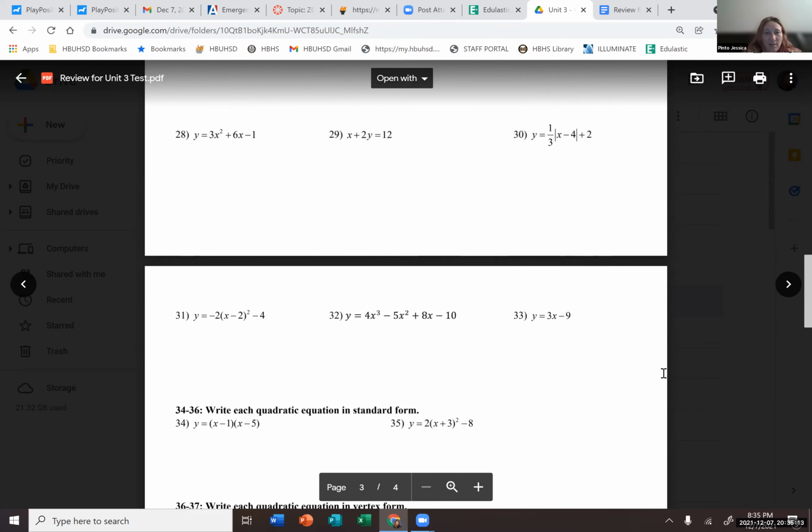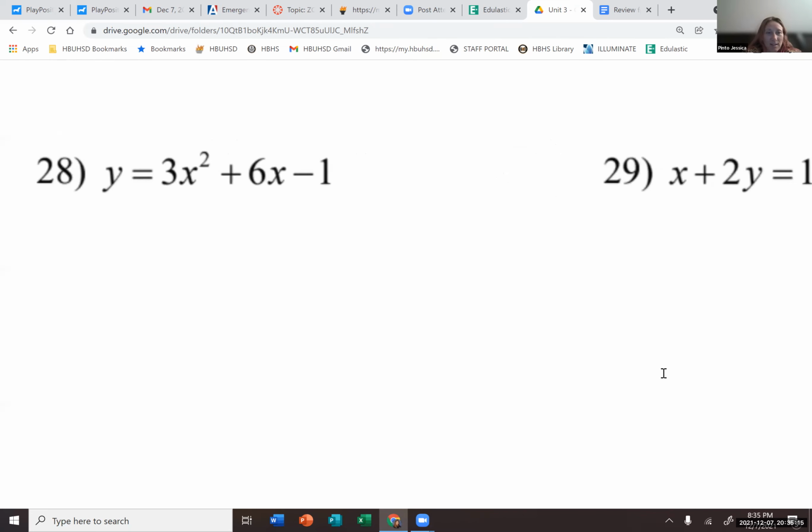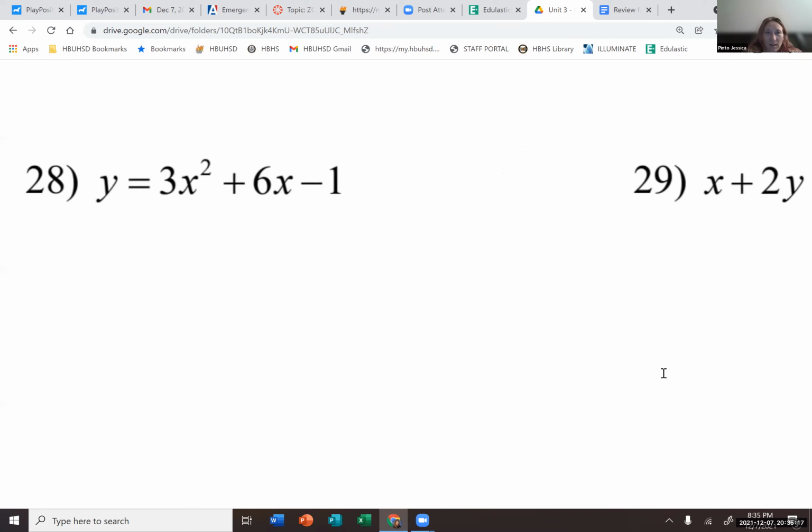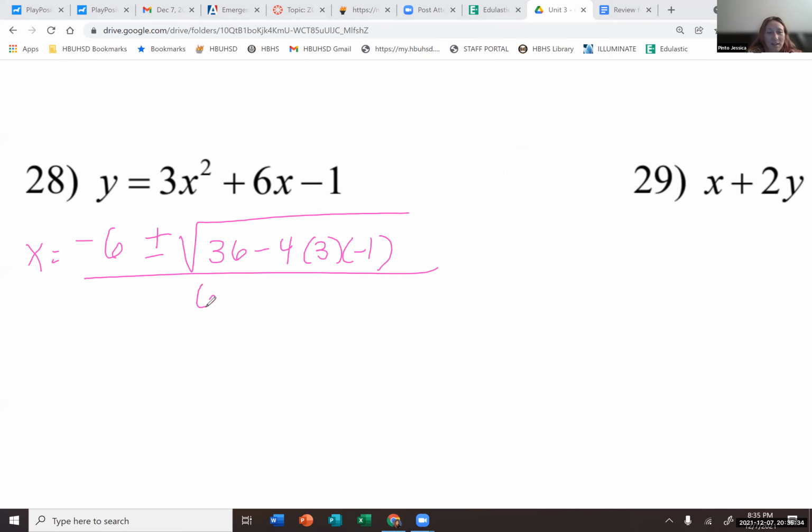I was on this problem 28. So cool. Looking at my annotations, that was -6, x is equal to, plus or minus the square root of 36 minus 4 times 3 times -1. Aha, yes, and then it was 6 here. Okay, so that was -6 plus or minus, this became the square root of 48, which was 16 times 3, which is 4 rad 3.